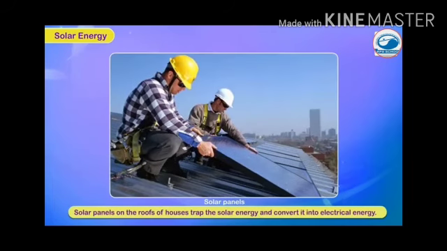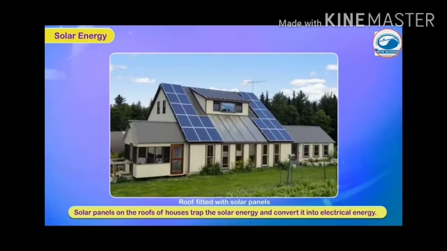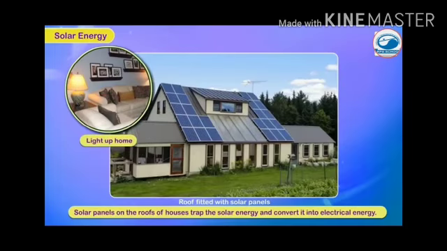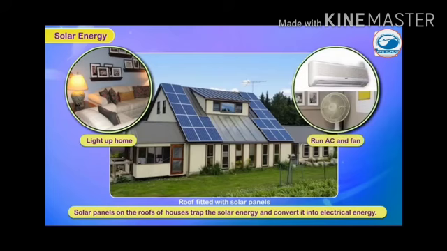Many people get solar panels fitted onto the roofs of their houses that trap the solar energy and convert it into electrical energy to light up their homes as well as run ceiling fans.